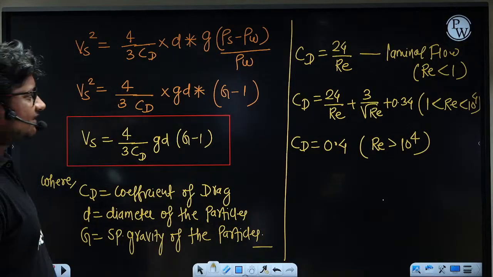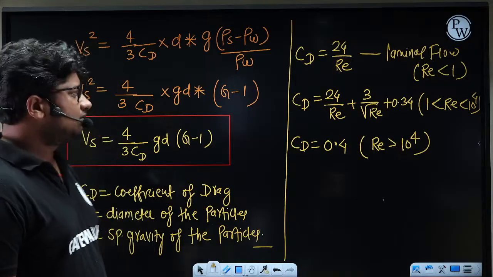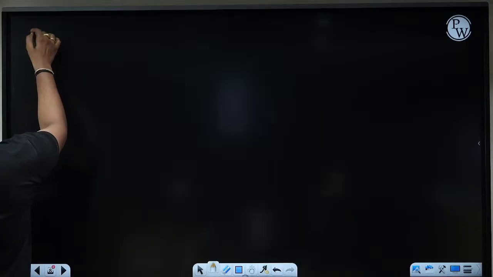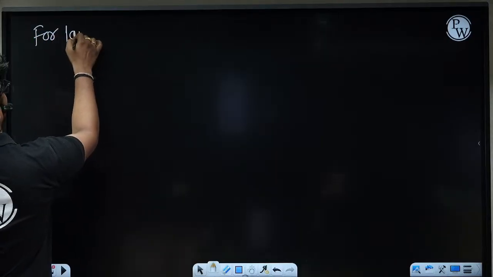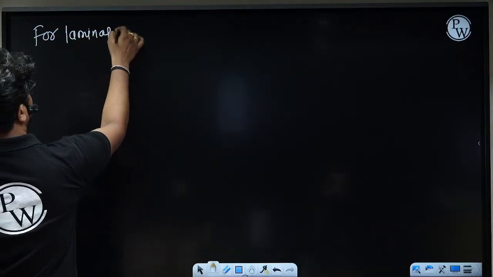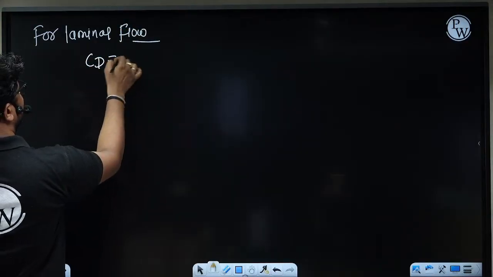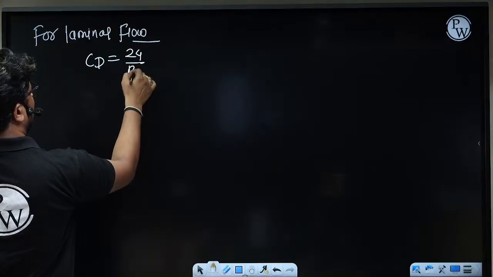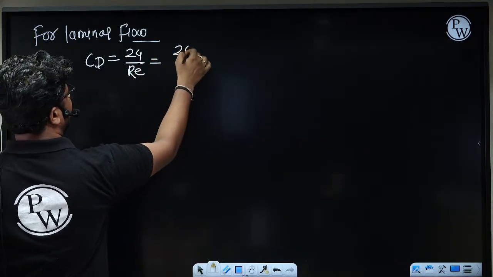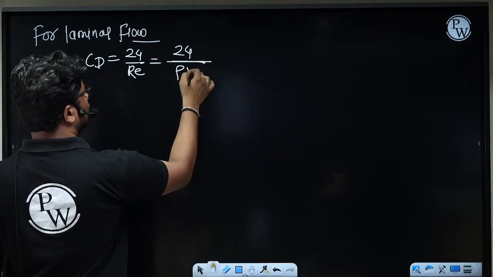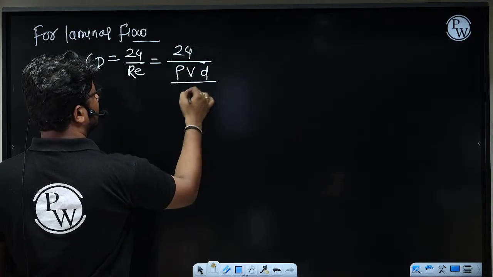Now, you want to find out for laminar flow. So for laminar flow, if you want to find out the formula for settling velocity, the condition is CD will be equal to 24 upon Re. So 24 upon Re is basically rho Vd by mu.